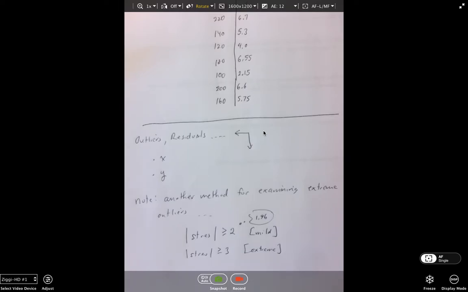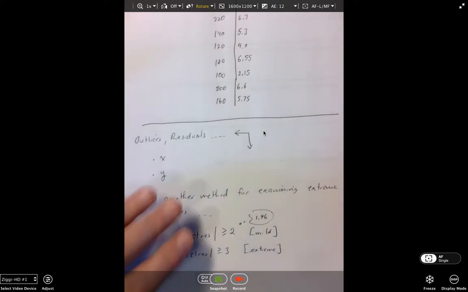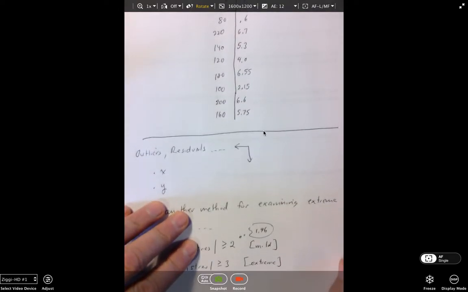So residuals must be examined, and if we end up with a subject or item that has an outlier, we would want to examine what our model looks like with and without that case in our analysis.